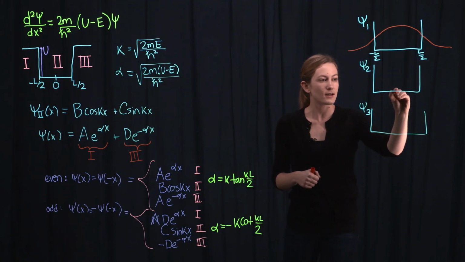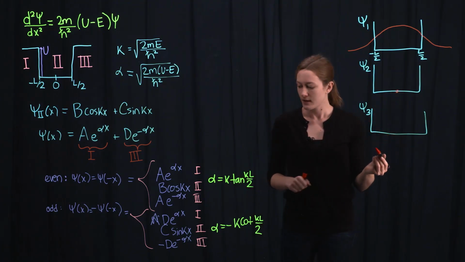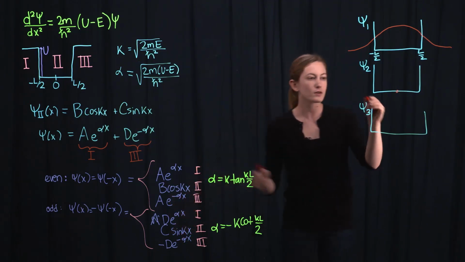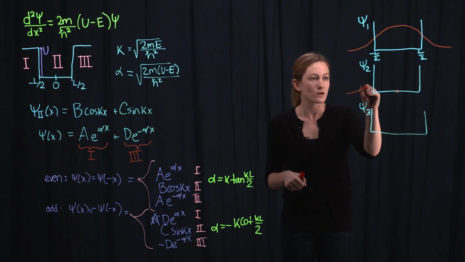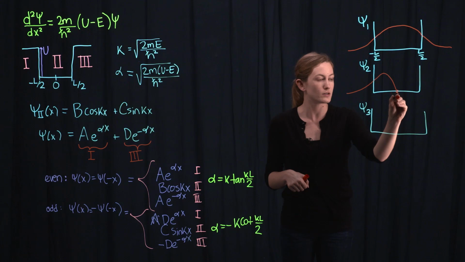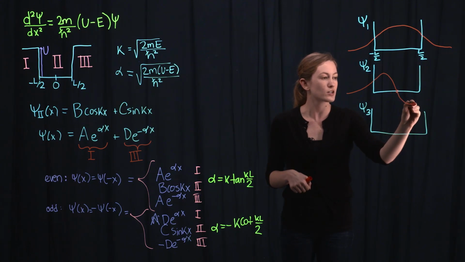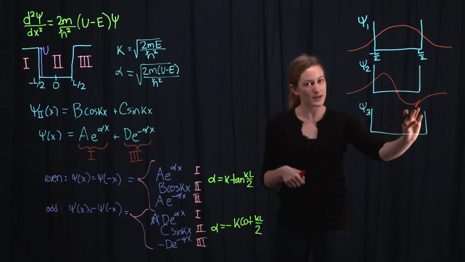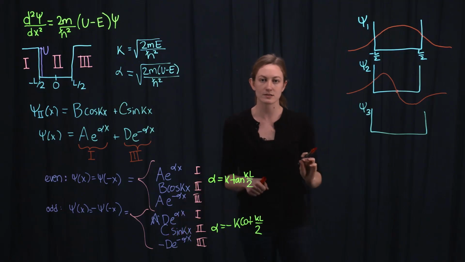The first excited state will have one node, and that'll be, therefore, an odd type solution. So the growing exponential will match on to a sine function with one node. We'll match on at L over 2 to the decaying type solution, but with the minus sign because these are odd type solutions.